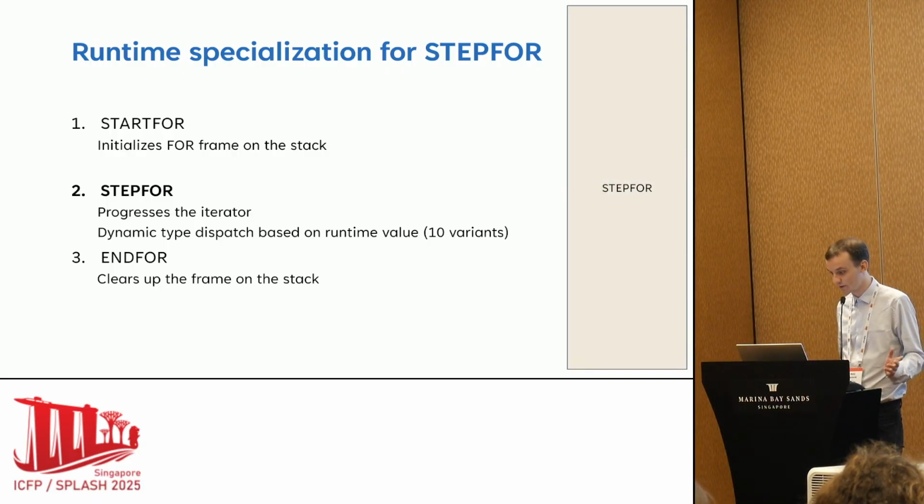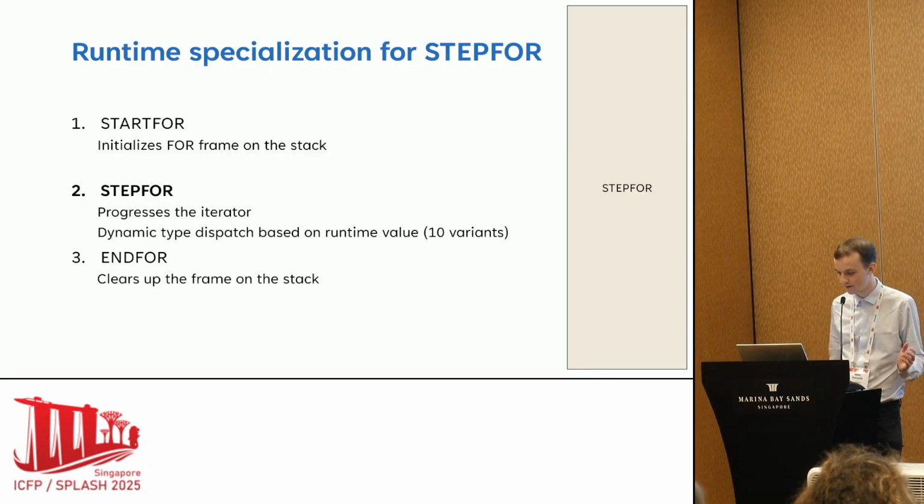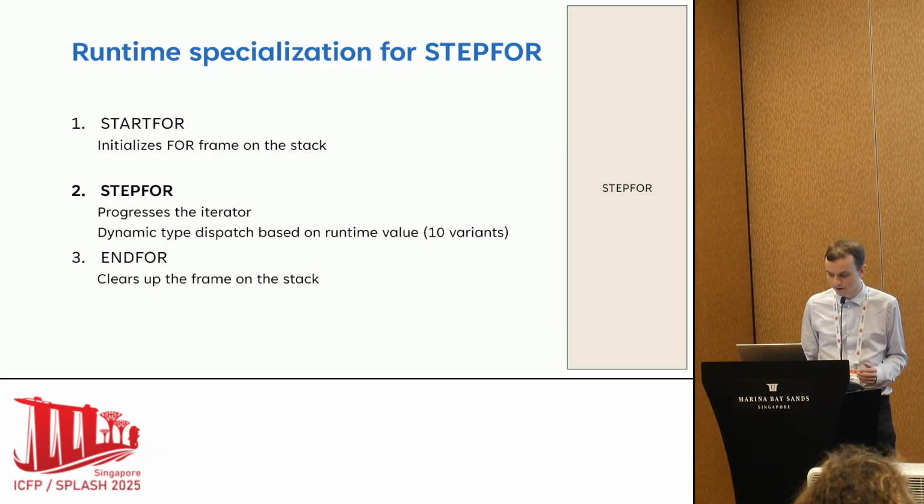This makes the step for stencil unnecessarily large, suffering again from dynamic type dispatch. And since the value being iterated over is known during start for, this is again unnecessary. What's worse, it applies to each iteration of potentially millions of cycles.